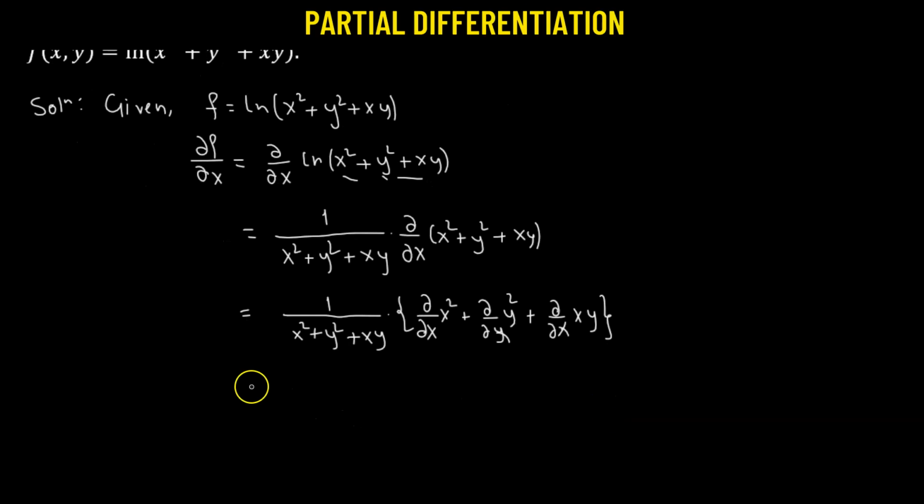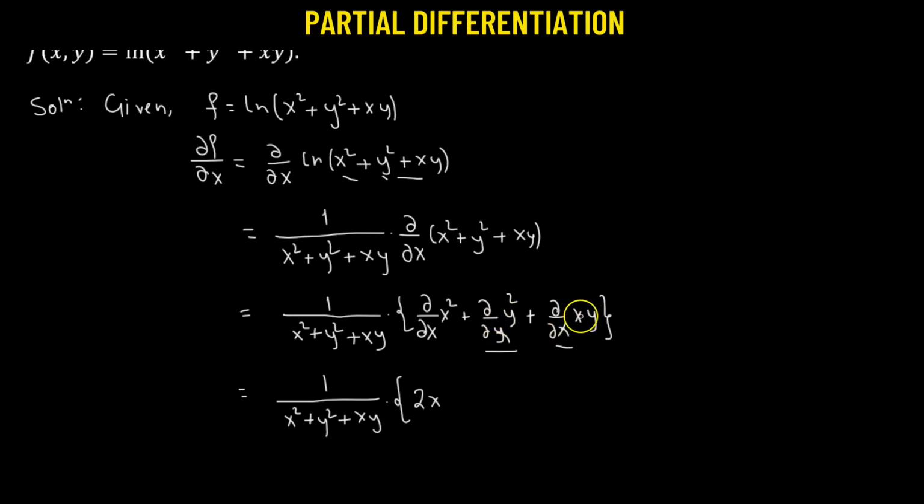That gives us 1 over x squared plus y squared plus xy multiplied by, when we take the partial derivative of x squared with respect to x, that will be 2x. Now the partial of y squared with respect to x will be 0, because y is treated as a constant whenever we're taking its partial derivative with respect to x. So the second term is 0.